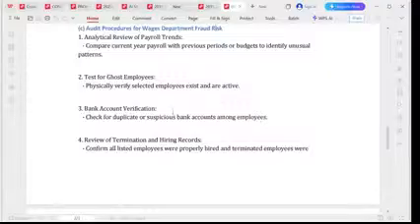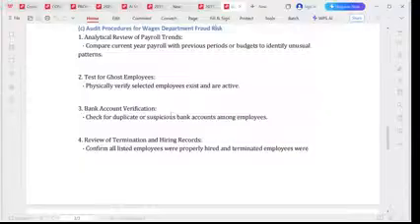Bank account verification: check for duplicates or suspicious bank accounts among these employees. In this case, ask for the bank statement. When you ask for it, you are inspecting to see, for example, that the payroll has Mr. A and Mr. B. Mr. A was owed 100,000 at the end of the month.